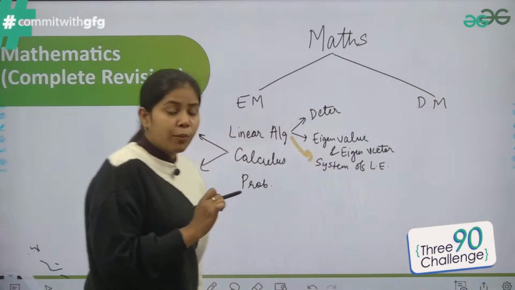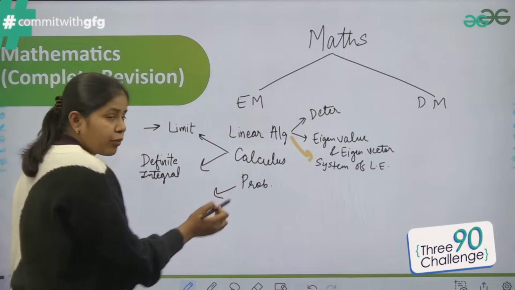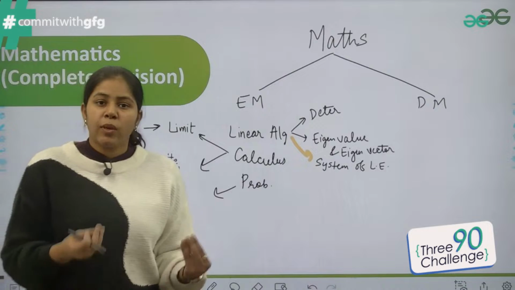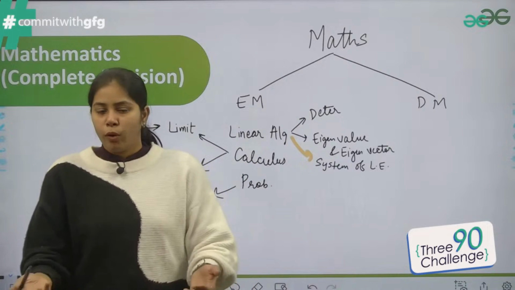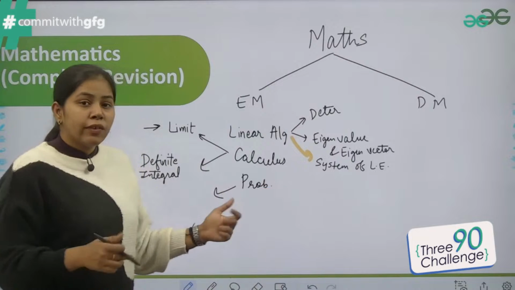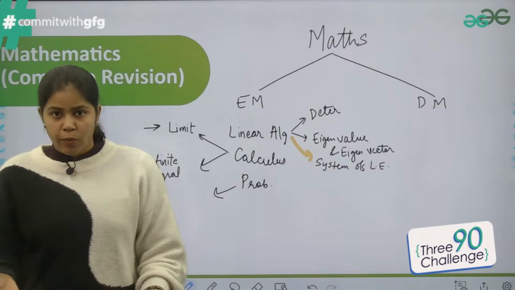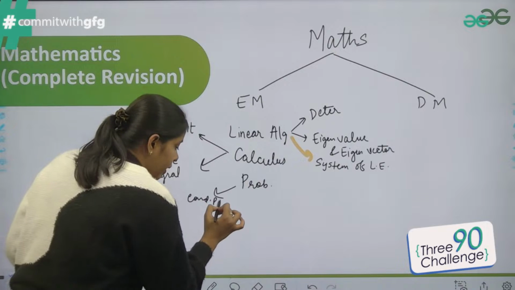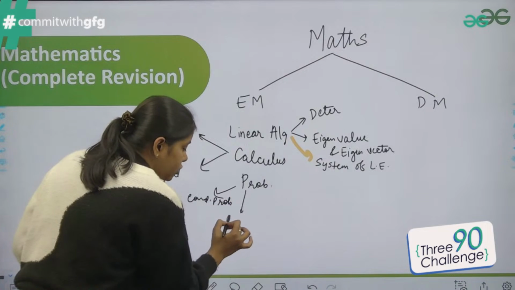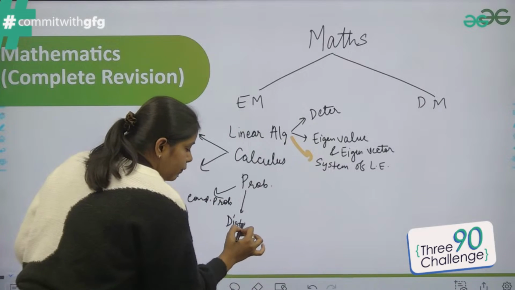Probability. And in probability we have first of all the definition of probability. There are so many questions based on the definition of probability, like what would be the probability of getting a red ball, blue ball, all these things. And then we have one topic which is conditional probability, right? First is probability, another one is conditional probability, and then we have distributions, or I can say random variable.